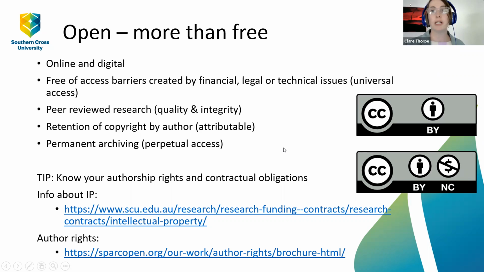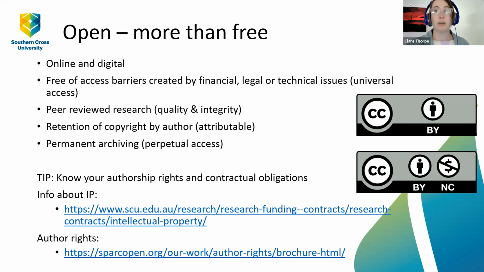So we're not talking about free access here. We are talking about open access. So it is in the online and digital space. And we're trying to remove barriers that may be created by different means, whether that's financial, legal, technical. So it's that universal access that we're aiming for.